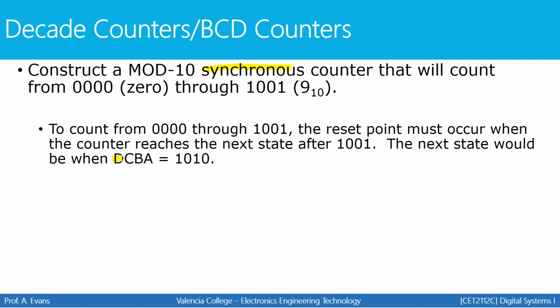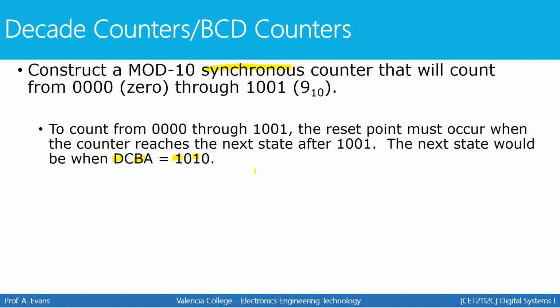Notice that's when D and B are 1, while C and A are 0. So when you're considering designing a counter and you're trying to figure out what's supposed to go to the NAND gate, write out in binary the number or the state where the reset is supposed to occur. The reset here would occur when the output is 10, 1010.